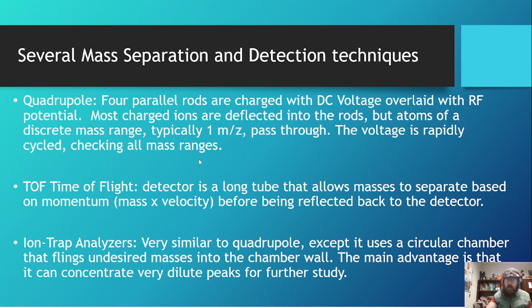There's a time of flight method, which is basically a long tube. This detector is essentially a long tube, where heavier masses will move slower than lighter masses. Every particle will have the same momentum, which is mass times velocity, so heavier mass means lower velocity.